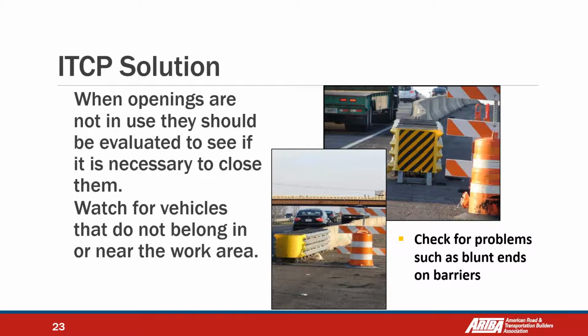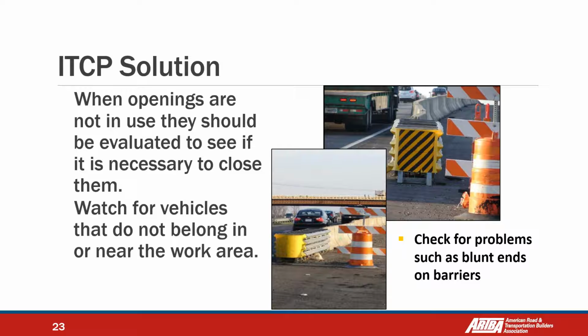Okay, so some solutions from the internal traffic control plan perspective: when openings are not in use, they should be evaluated to see if it's necessary to close them. Close the access zone that you are not going to use, because if not, people are going to mess around this area.